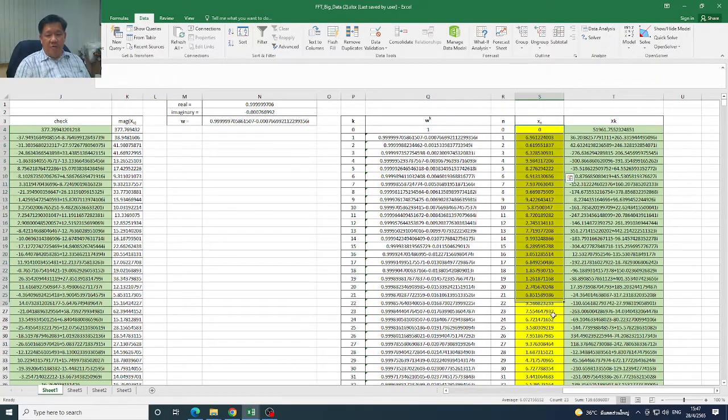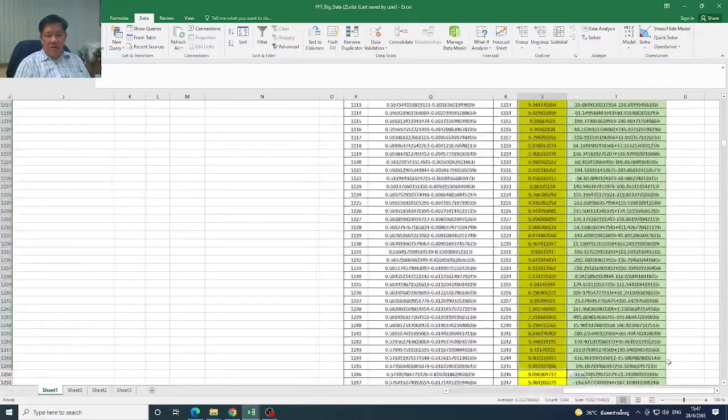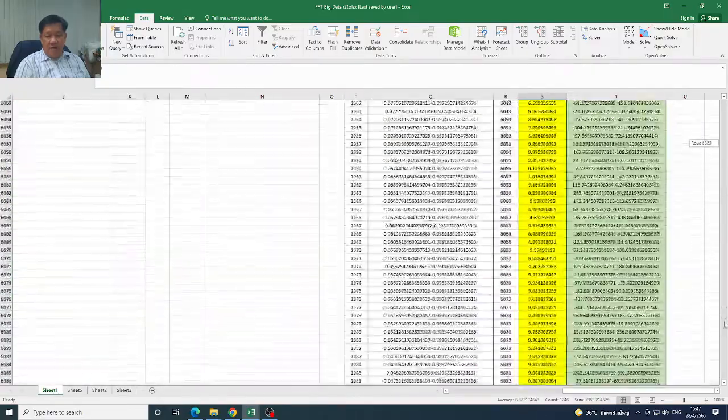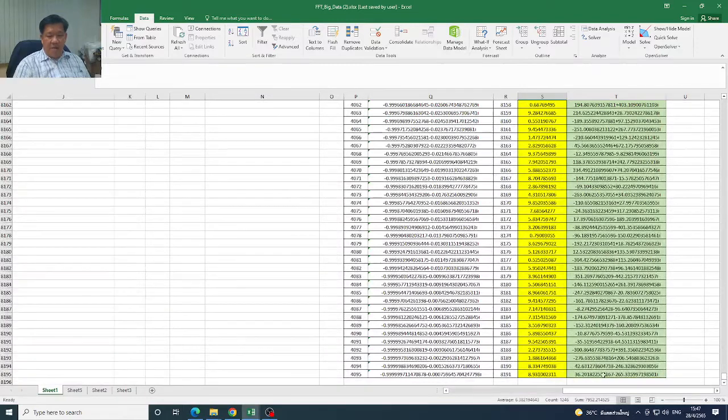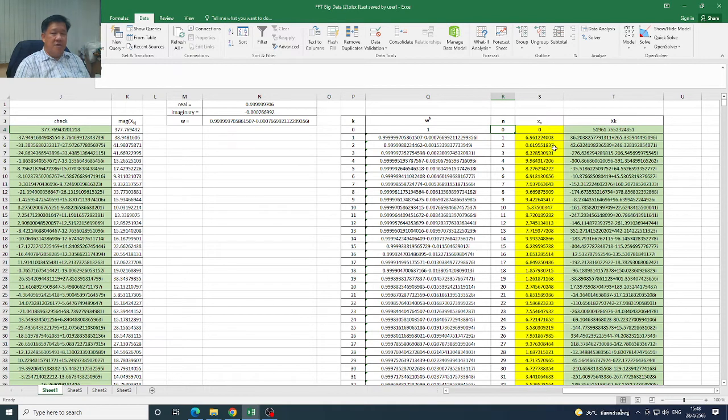Suppose this is the time domain. With the total number running down here, we have 8,191, but actually 8,192 because our count starts from 0.